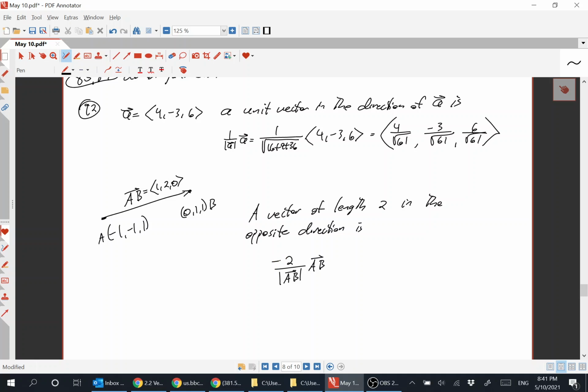If you want to go in the same direction, leave it positive. Opposite just means negate it. All right, so this is minus 2 over the length of AB, which is square root 5, times this vector (1, 2, 0). So that is (-2/√5, -4/√5, 0). So that's a vector of length 2 pointing in the opposite direction of AB. The negative direction, just this way.